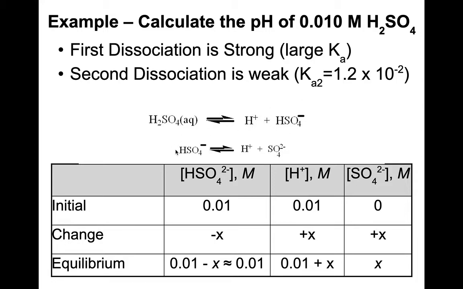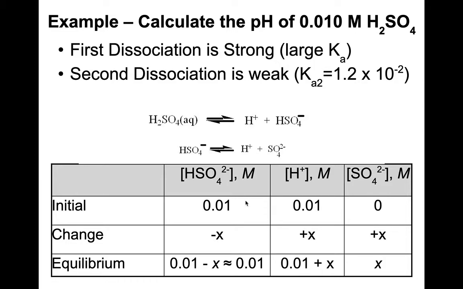This one is the one that needs our calculation. So our reactant, we're starting with HSO4 and 0.01 moles of it, because we had equal amounts here that had to be created when they split apart. And we're starting with 0.01 moles of hydrogen ions, one of our products. We start with 0 SO4 because we need this to dissociate first.